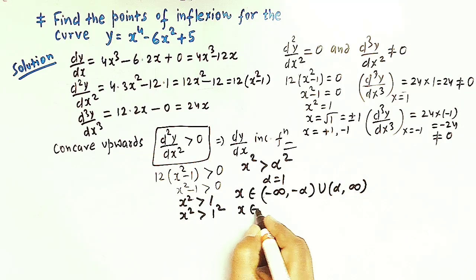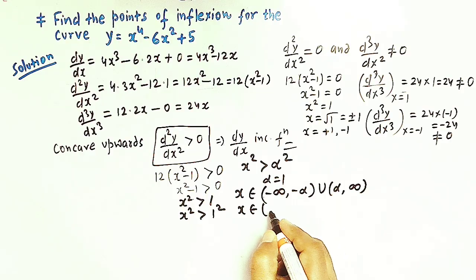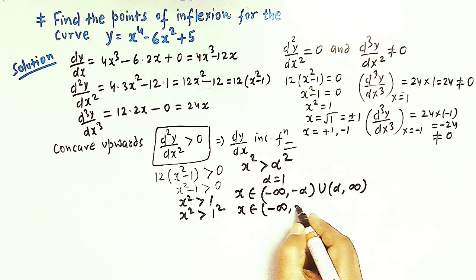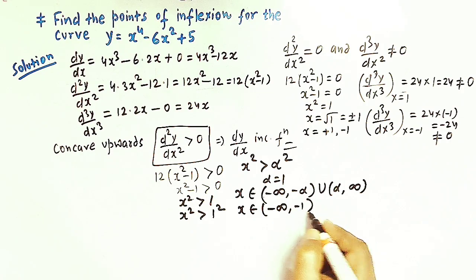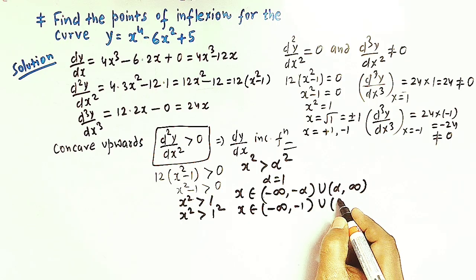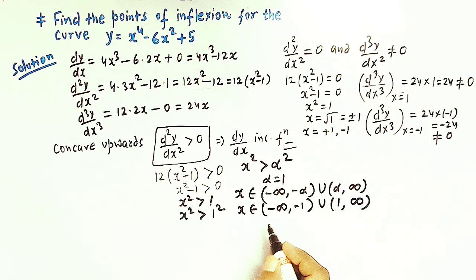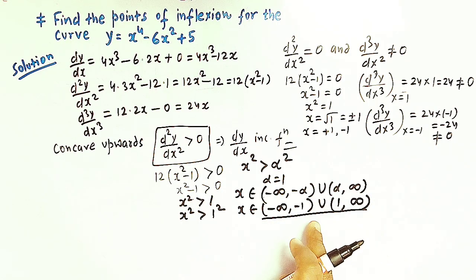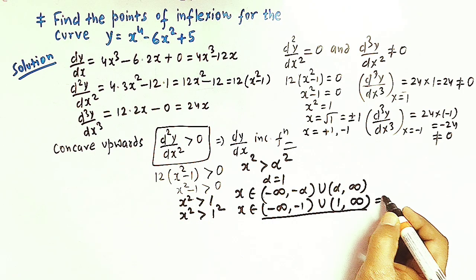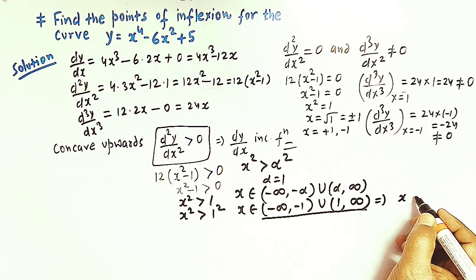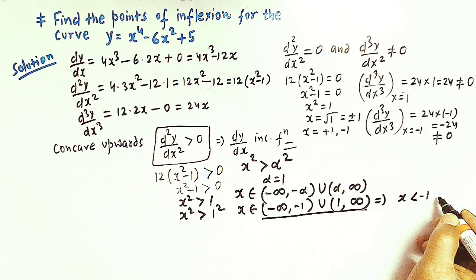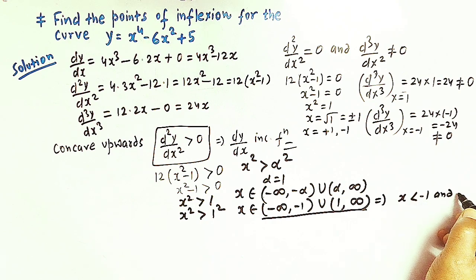So we have now alpha is equal to 1, so we have minus infinity to minus 1 union 1 to infinity, right? So in this interval the function is concave upwards, and we can also write it like this, that is x is less than minus 1 and x is greater than 1.